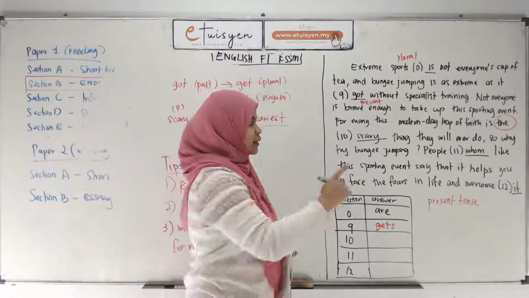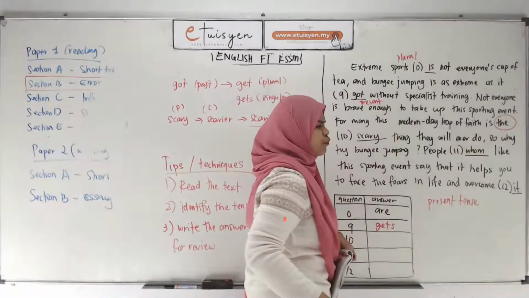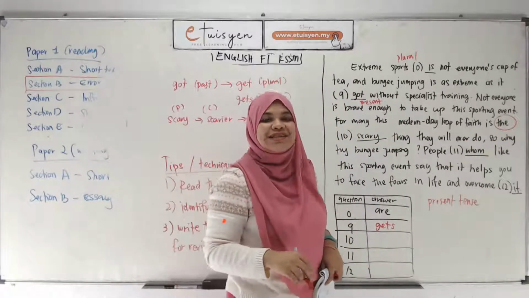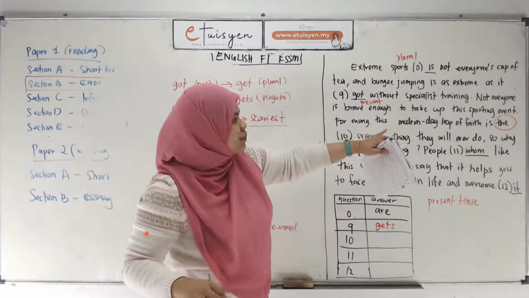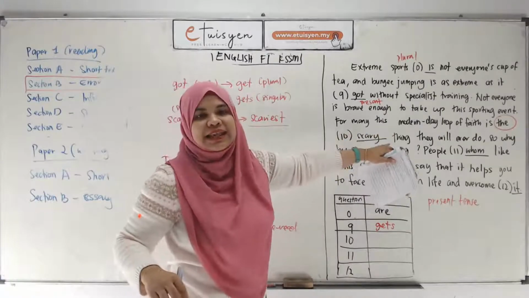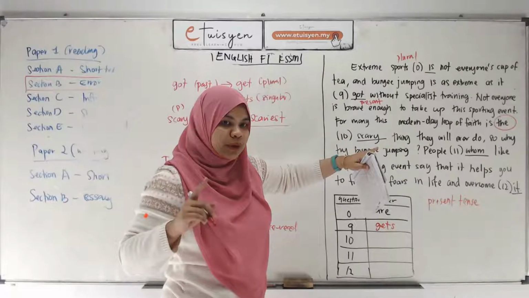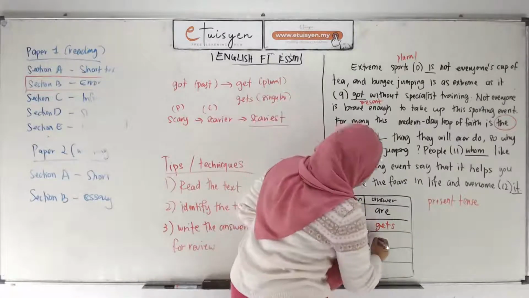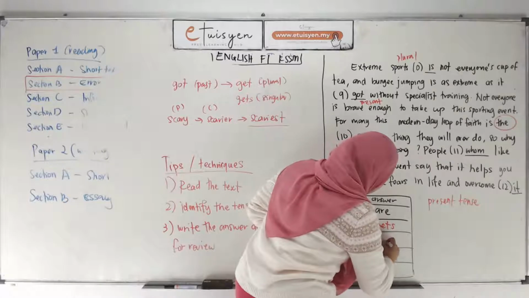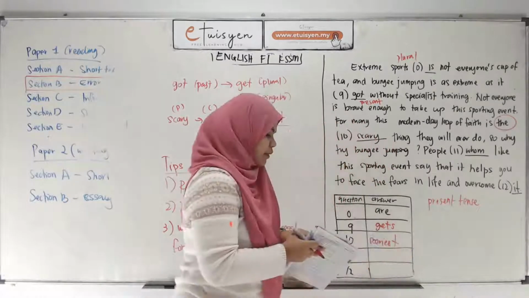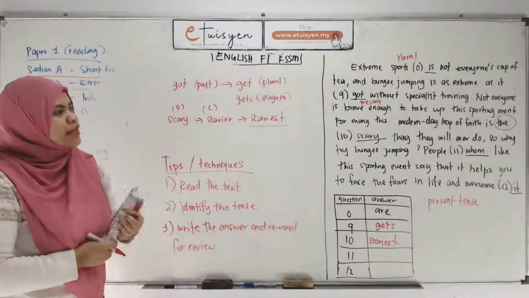Okay, you see the word the there. So here it will be is the scariest thing they will ever do. See? So this is actually where the formula will be helpful for you. So here number 10, scariest. Okay, alright. So that's number 10.